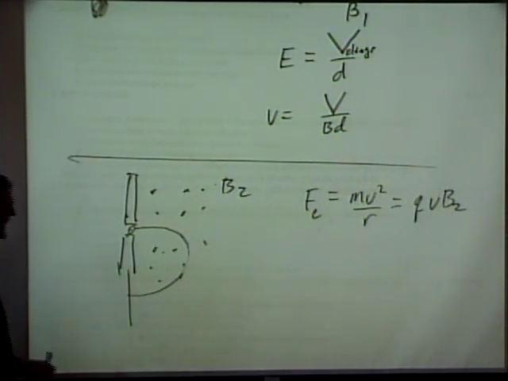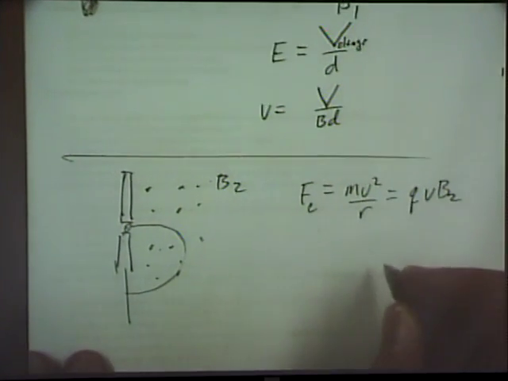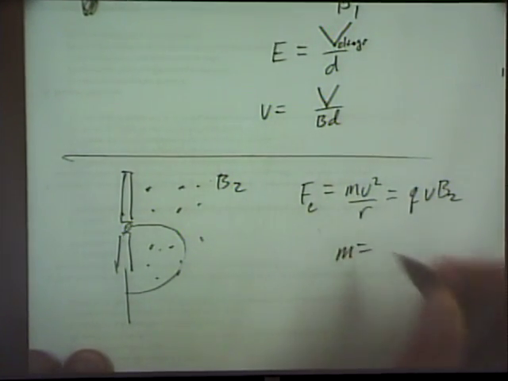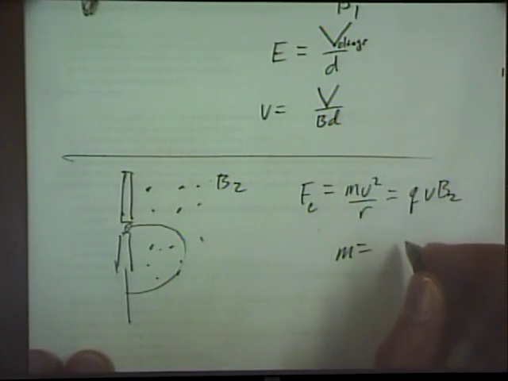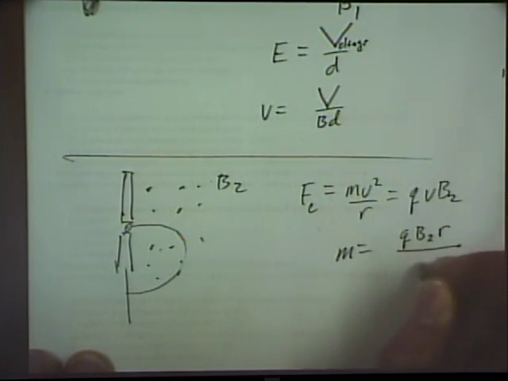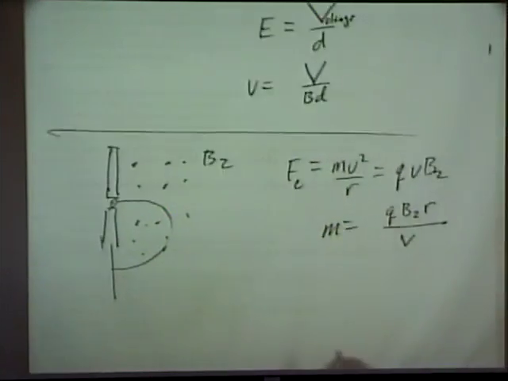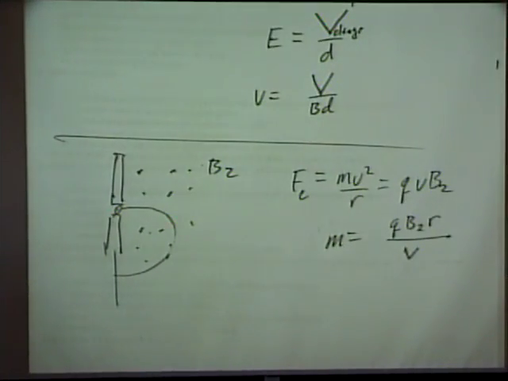So my V's cancel. So to find the mass of this thing, this is what I had you do on your quiz, the mass would be Q B2 times R over V. But what did we say V was?